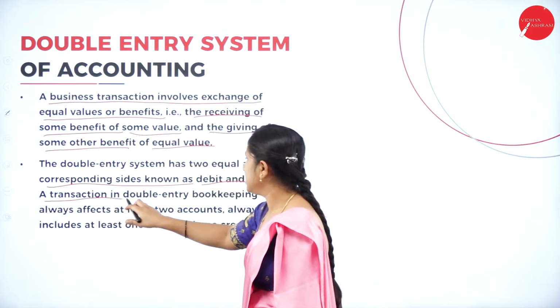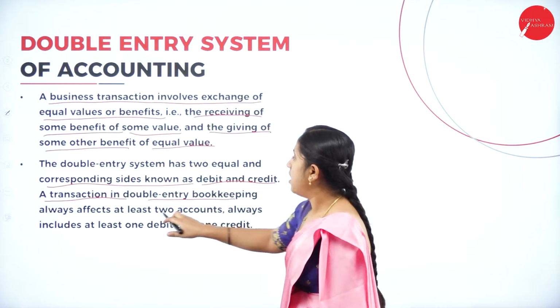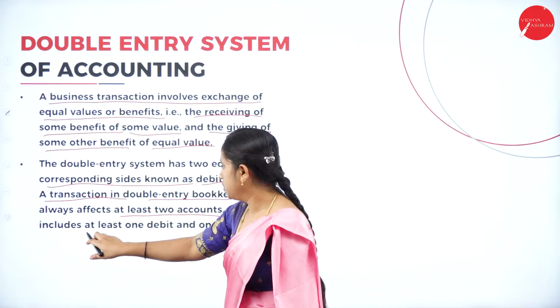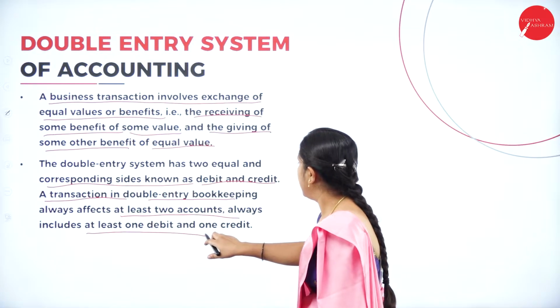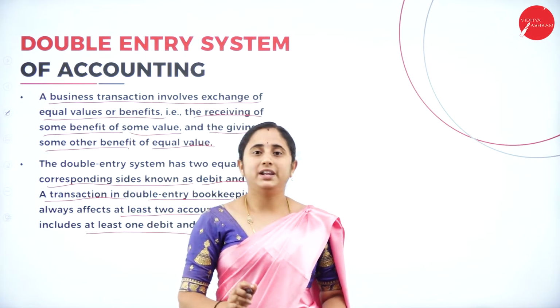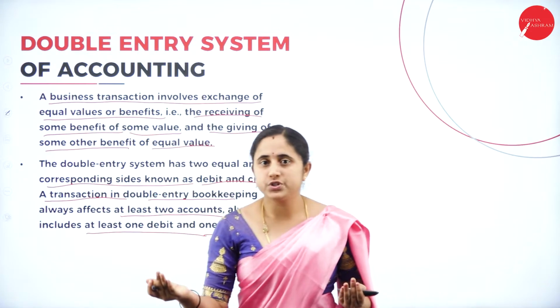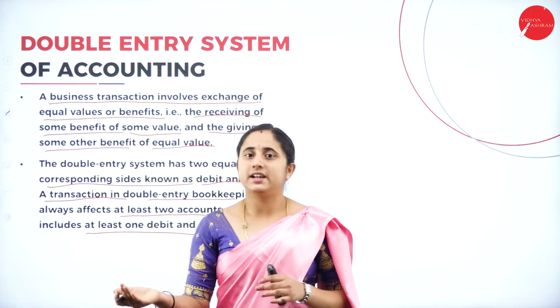A transaction in double entry bookkeeping always affects at least 2 accounts, and always includes at least one debit and one credit. It has corresponding and opposite entries.